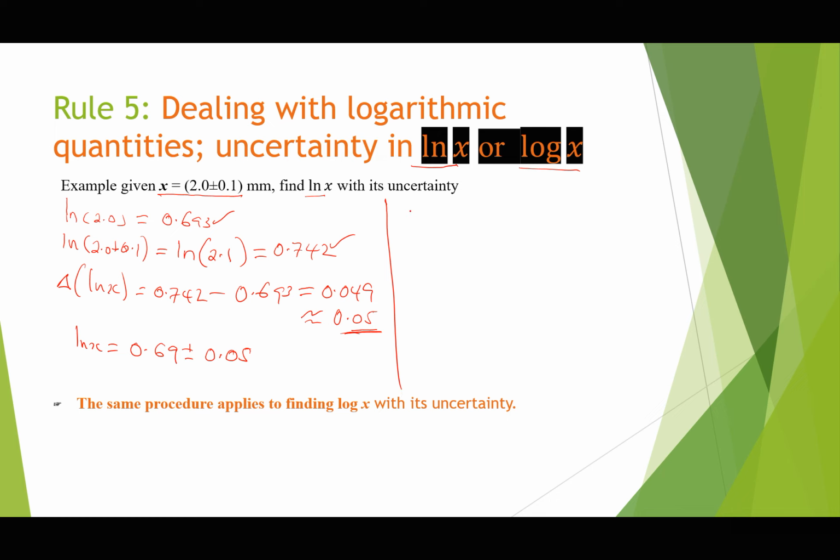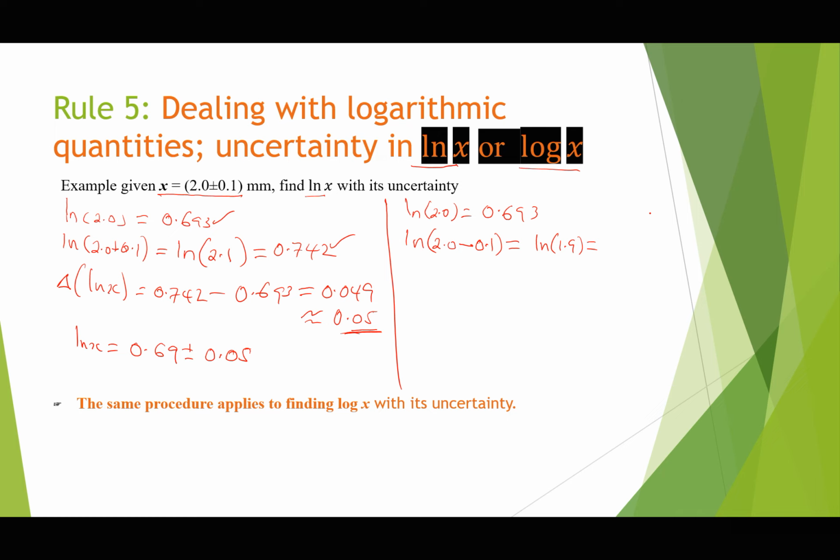Let us assume the ln of the best value, that is 2.0, is 0.693. Then let's find now ln of the minimum value. Minimum value means 2.0 minus, because remember this is plus or minus. So I'll say 2.0 minus 0.1, which gives me ln of 1.9.